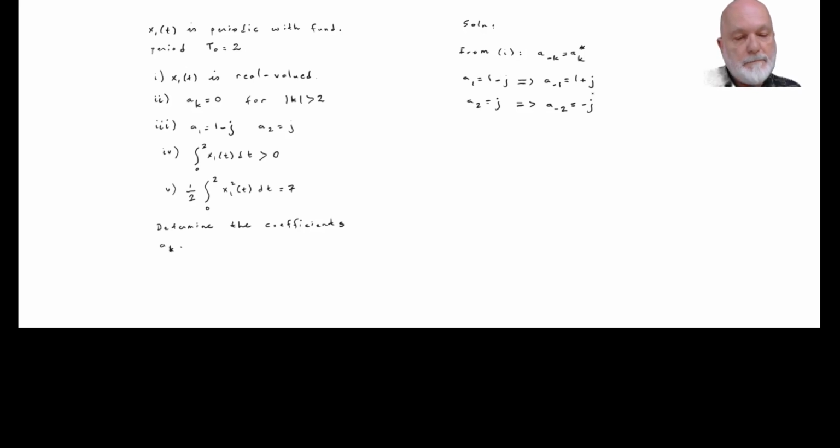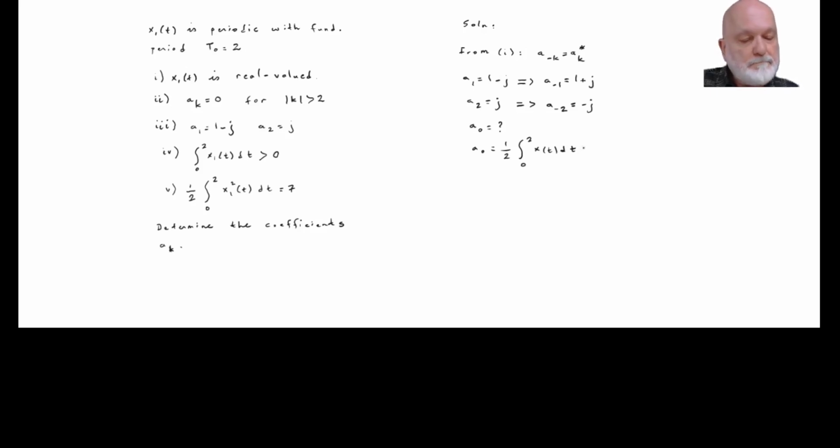Okay. Now, as you see here, we have no information about a0, but let us look at the fourth item in the problem statement. Now, a0 is equal to 1 over 2 times the integral from 0 to 2 of x of t dt.